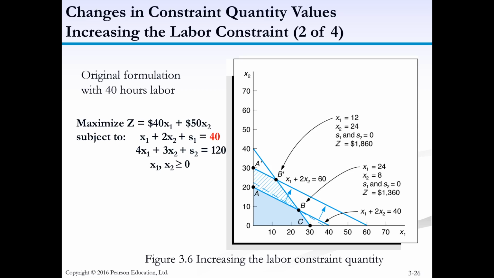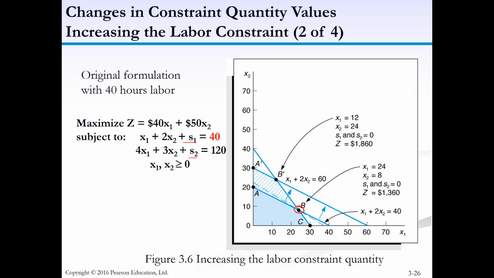We have made equality by adding slack variables S1 and S2, and this is our original solution at point P, which is x1 is equal to 24 and x2 is equal to 8. When these two variables are in, the slacks are both equal to 0, and z is equal to $1360.